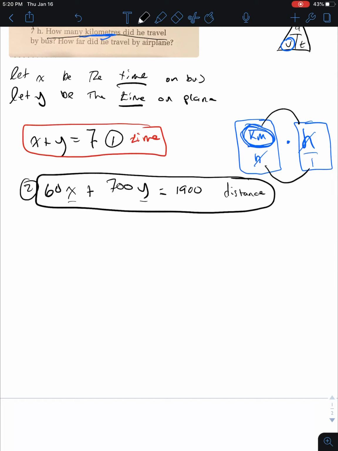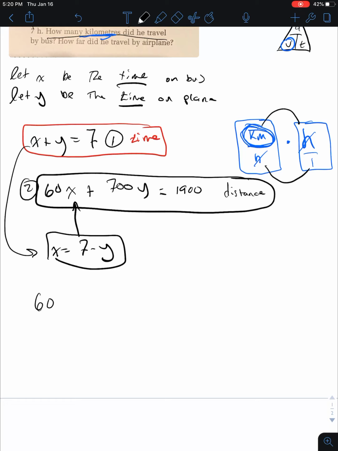So use your substitution skills to isolate for x or y in the first equation, then plug it into the second one and solve for the other. Let's isolate for x. So x is equal to 7 minus y. Then I can plug that in for x in the second equation.